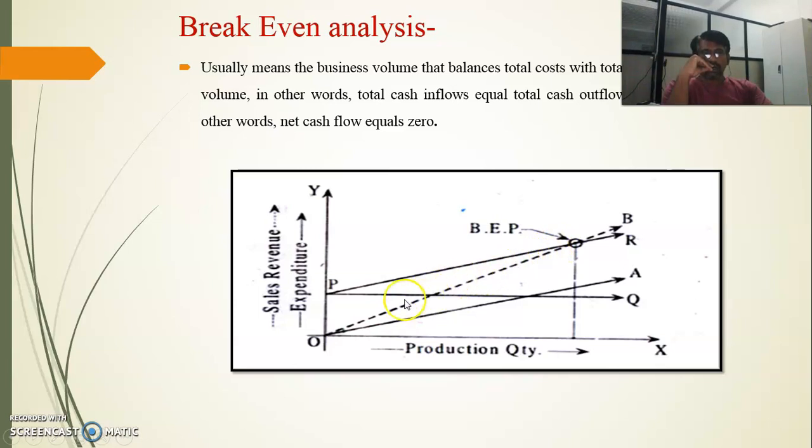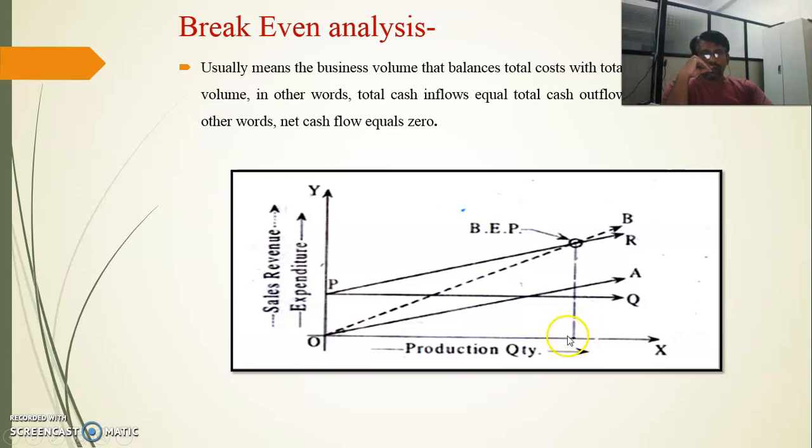Earlier, the company is running at a loss. They are generating revenues, but they are at a loss. At this juncture, there will be no loss, no profit. If you take this intersection point towards the x-axis, it represents the production quantity which we require to be sold into the market.